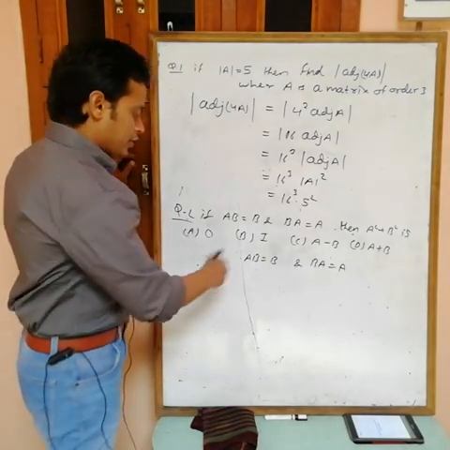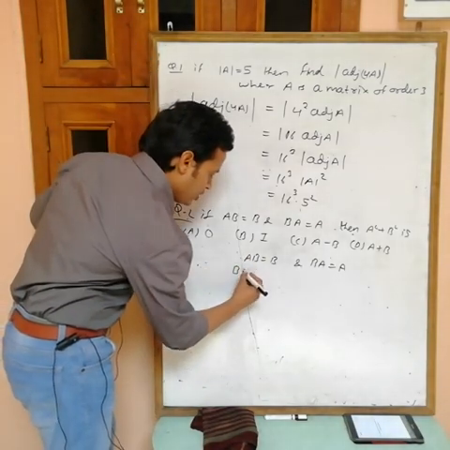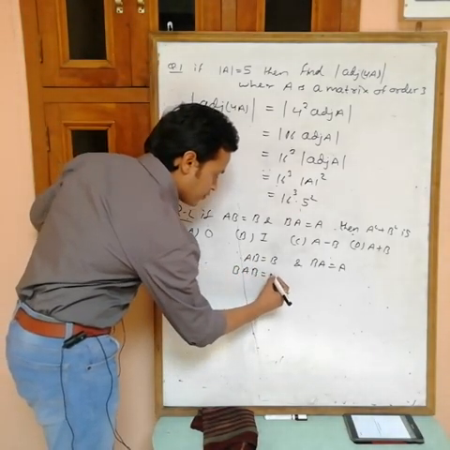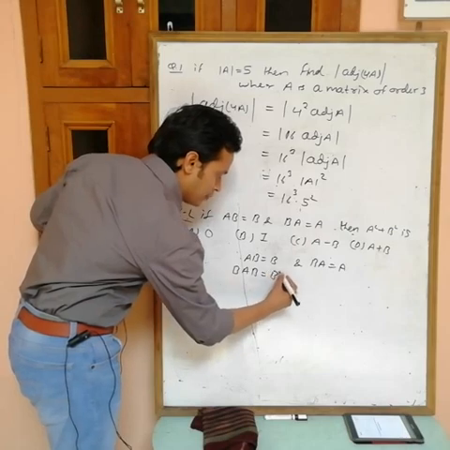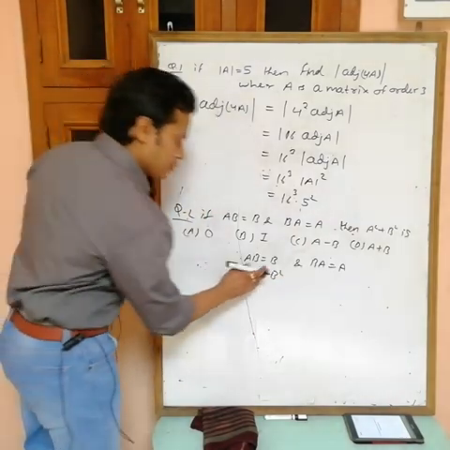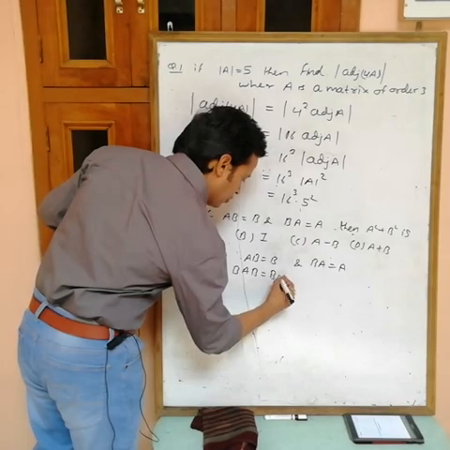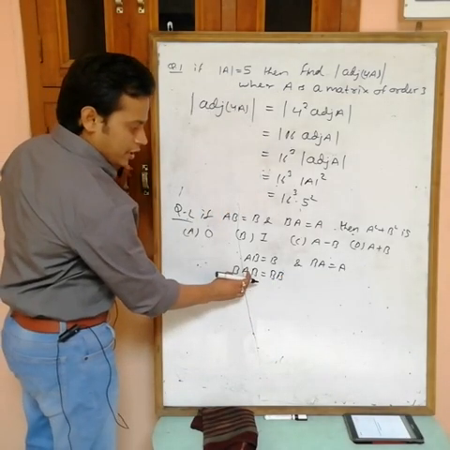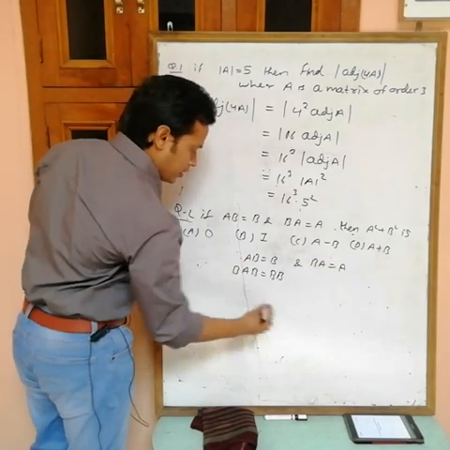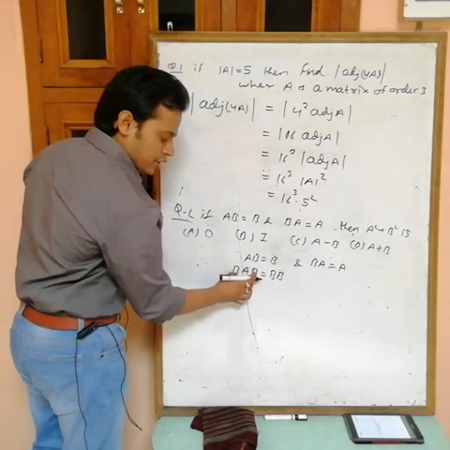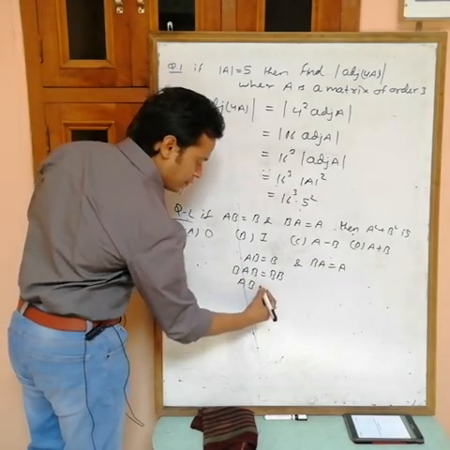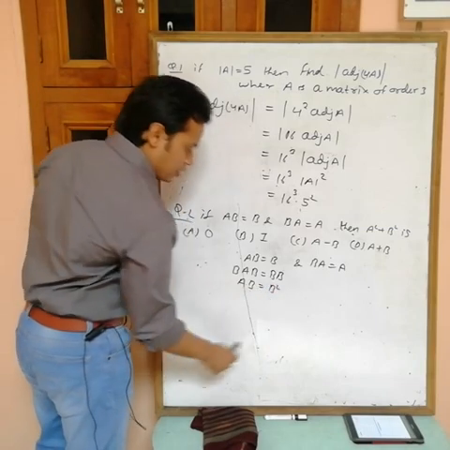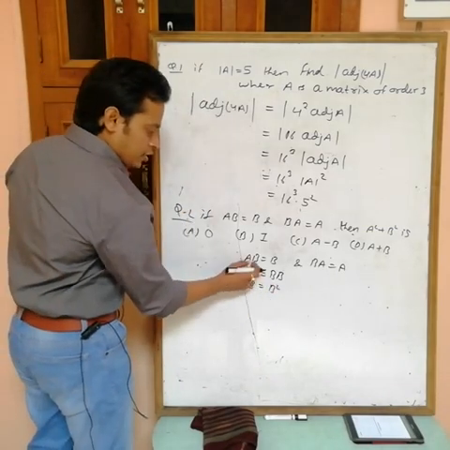So I am multiplying this one with B: BAB equals B into B, which becomes B square. Now see, this BA can be written as A, so B into A can be written as AB, and this is B square, and this AB can be written as B.